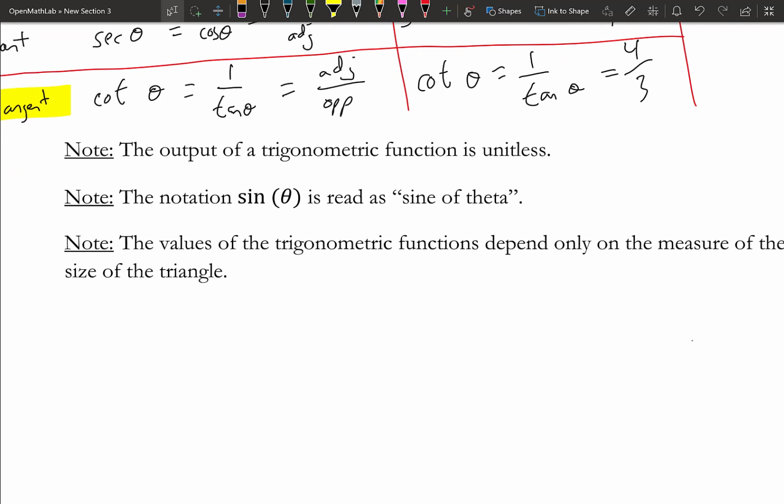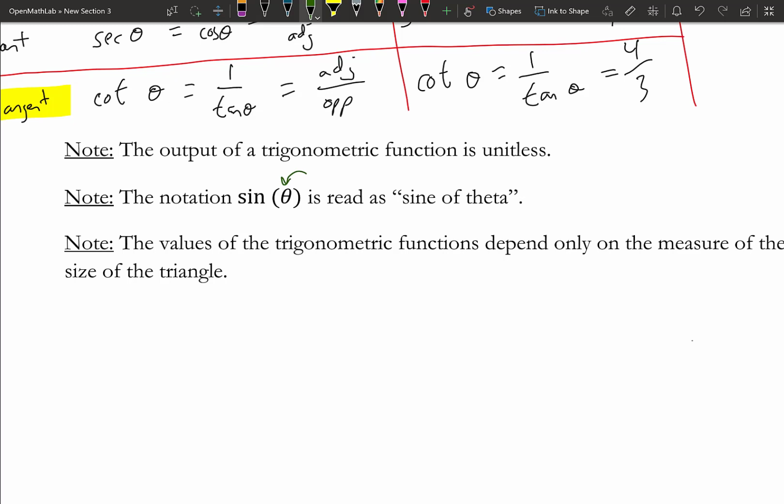So then I have just some notes here. So note that the output of a trigonometric function is unitless, like I described, right? So the units are going to cancel each other out. Also, the notation of sine theta is read as sine of theta, right? So sin with theta in parentheses is read as sine theta. And actually, sometimes, and our book does this a lot, they don't always put the input in parentheses.